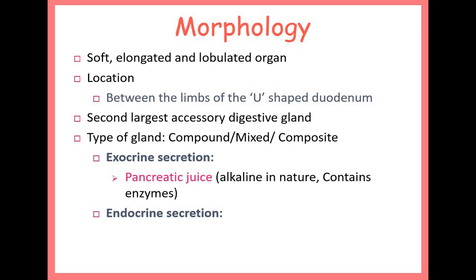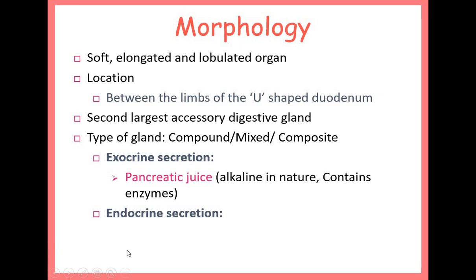Similarly, lipase, pancreatic amylase, nucleases. These are some of the enzymes which help in the digestion of various components present in the chyme that is derived from the digestion in stomach.